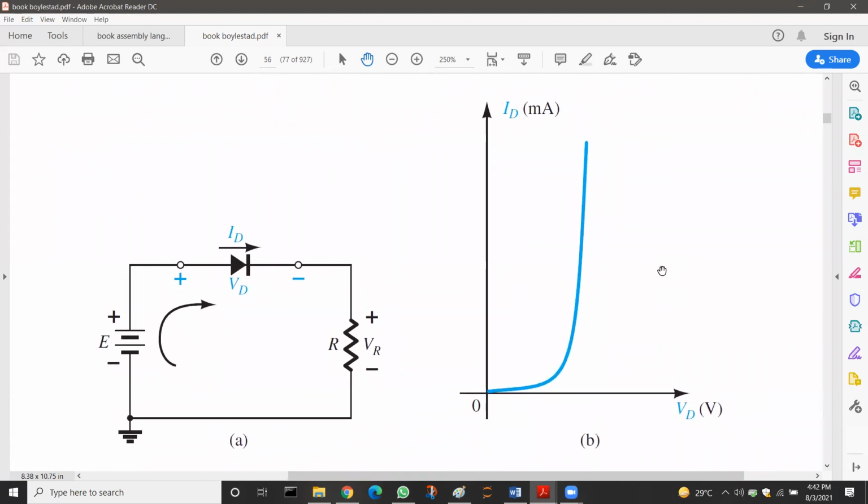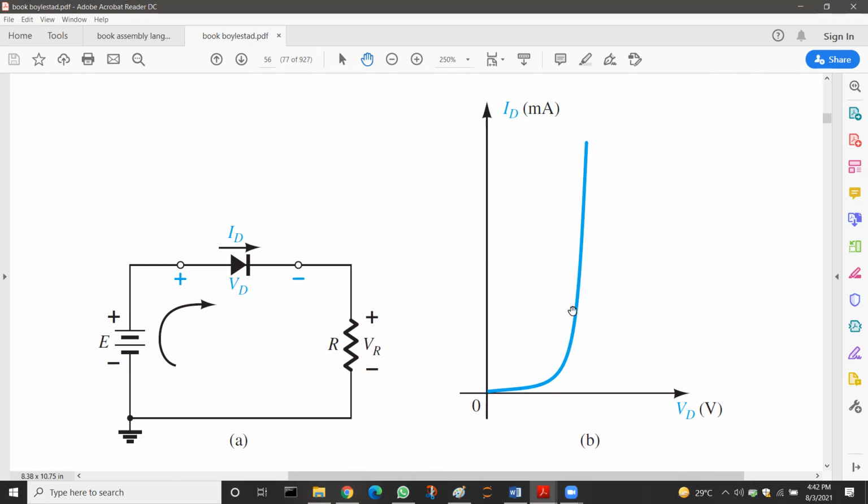Okay, in performing load line analysis, we consider a circuit which is shown in this figure. As you can see, a DC voltage is applied and a resistance is shown here. The voltage is measured across this diode, and the characteristic curve is drawn based on the values of voltage and current which appear across this diode.